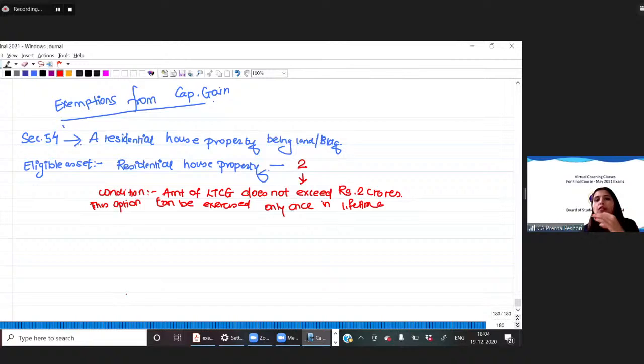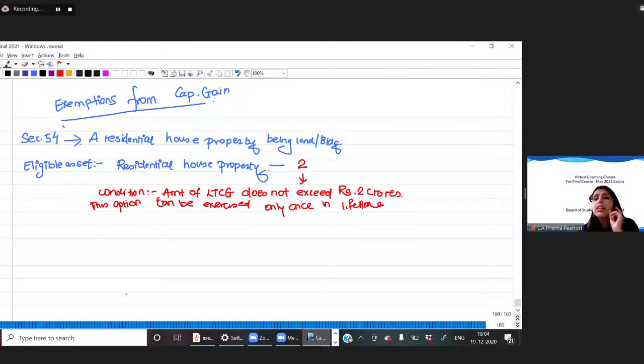So what does it imply? Say, for example, if an assessee has availed the option of claiming this benefit under section 54 and he purchases two residential houses, say one in Jaipur and one in Mumbai, and he has a long-term capital gain of rupees 1.50 crore from transfer of a residential house, say in Pune, then he will not be entitled to avail the same benefit in respect of any other two house purchase, say in a later year, in Varanasi and Kerala.